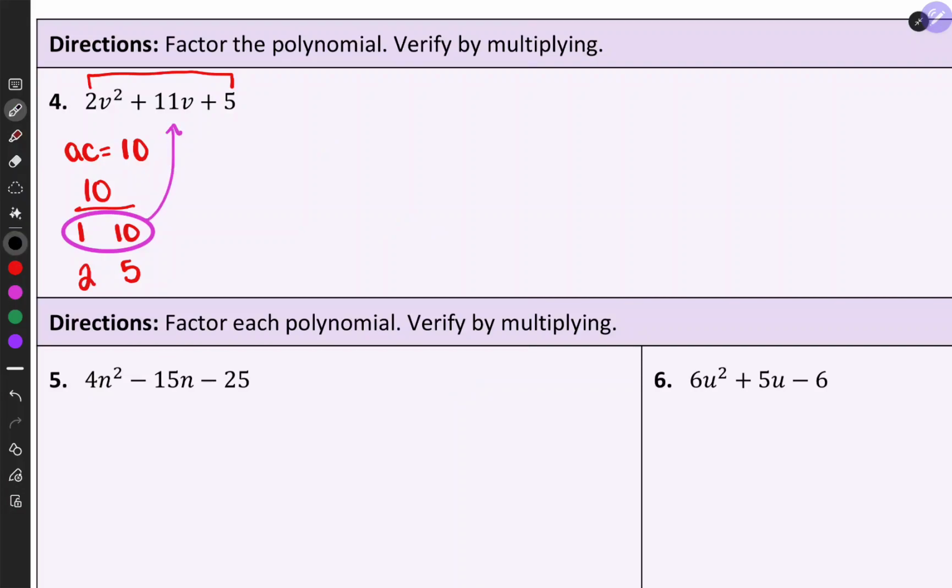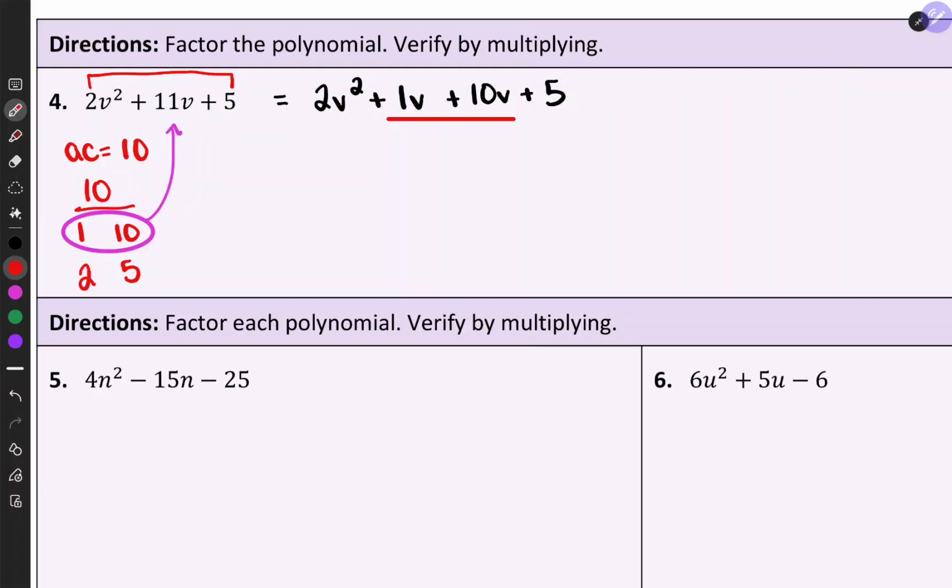So I'm going to break this up. We got 2v squared plus 1v plus 10v plus 5. Now, one question that you may be wondering is, does it matter which order I write this 1v plus 10v?